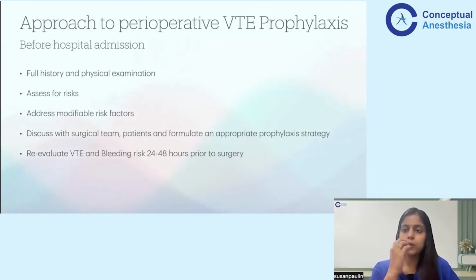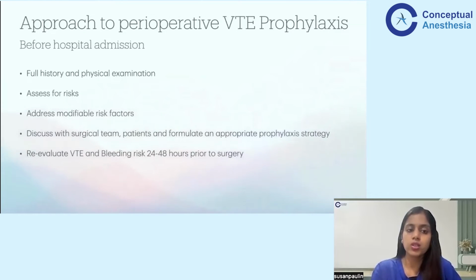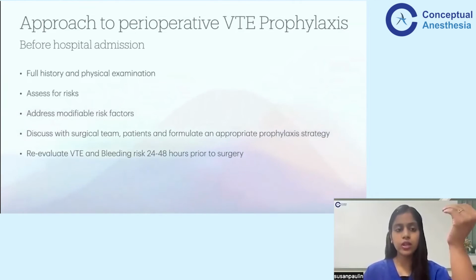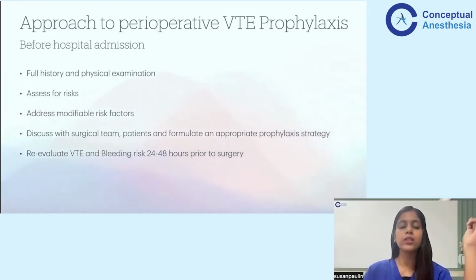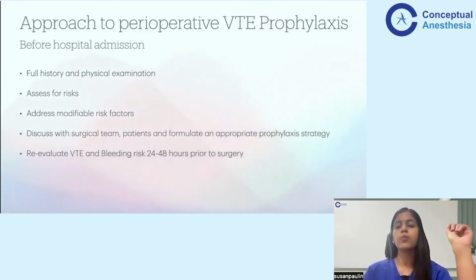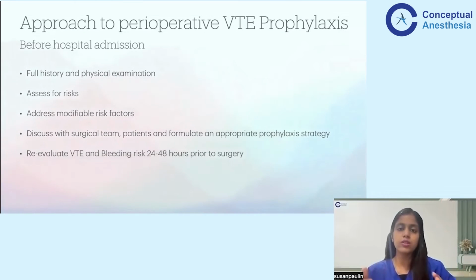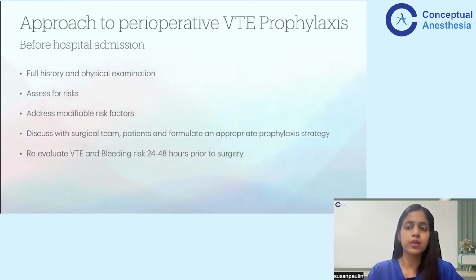So how do you approach perioperative VTE prophylaxis? This should start even prior to hospital admission, when you are seeing the patient at your pre-anesthetic clinic. You do your full history and physical examination, and you get an idea of how much risk the patient is exposed to because of venous thromboembolism.